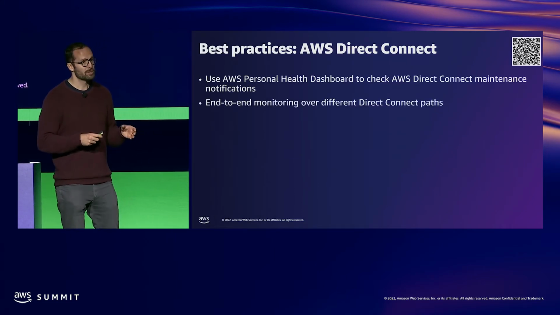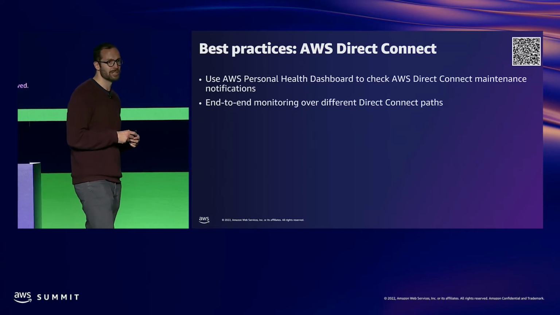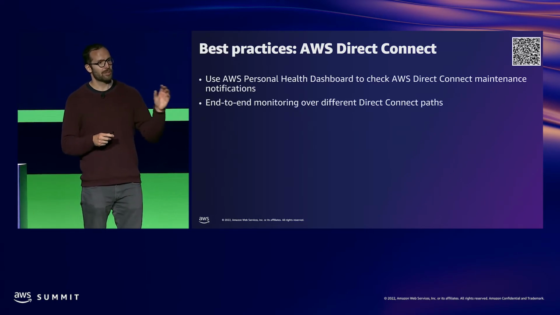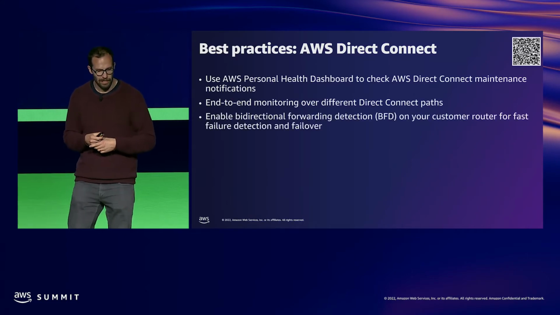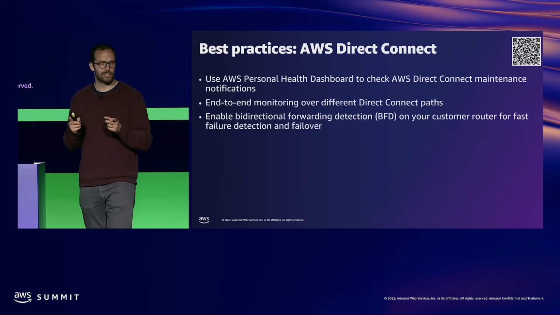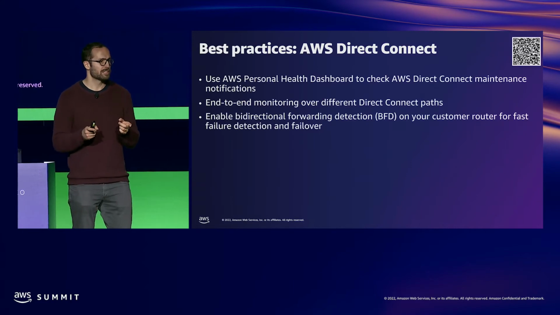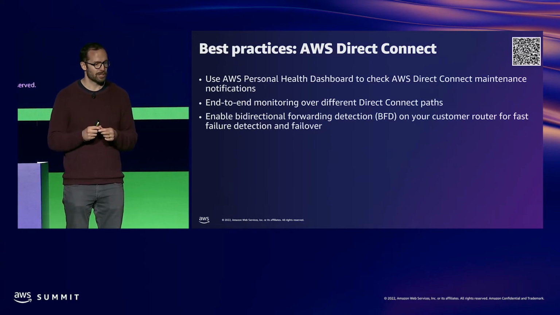There's a blog post we launched recently about end-to-end monitoring. This goes into details of how you can run an instance inside your VPC that will monitor different endpoints and tell you that potentially some connections are not working properly. On Direct Connect itself, you can enable functionality called BFD, bidirectional forwarding detection.